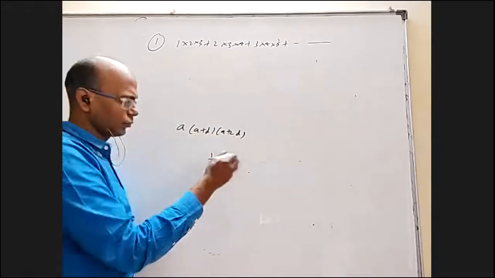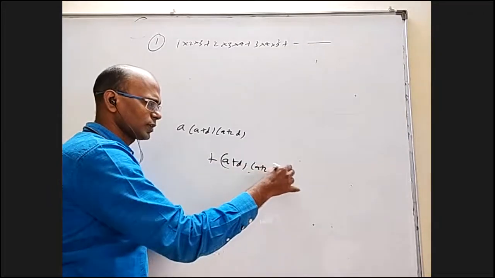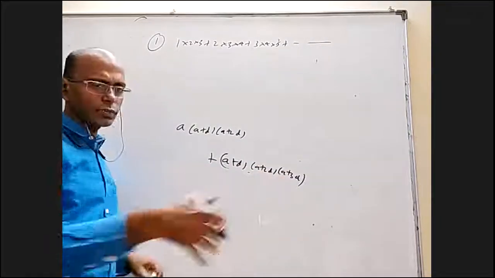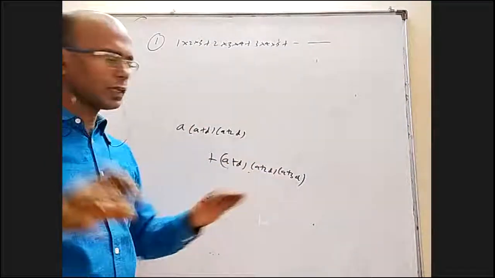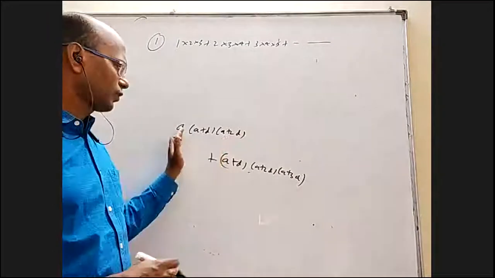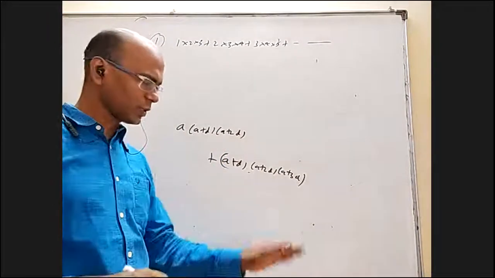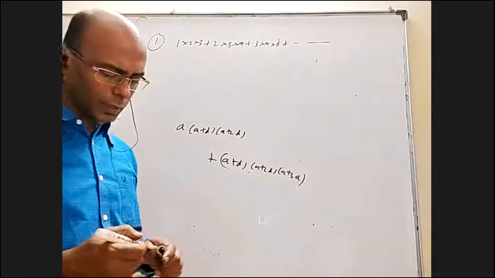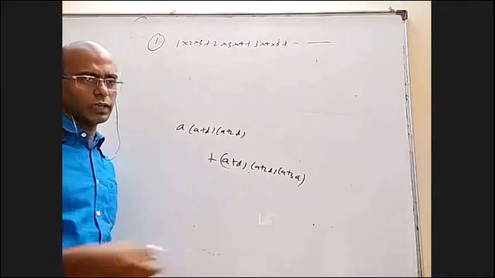Next you take 2, 3, 4: a plus d, a plus 2d, a plus 3d. Next you take the third, fourth and fifth terms. There is a way to write each one as a difference of two things. Earlier I gave the hint, I'll tell once again.